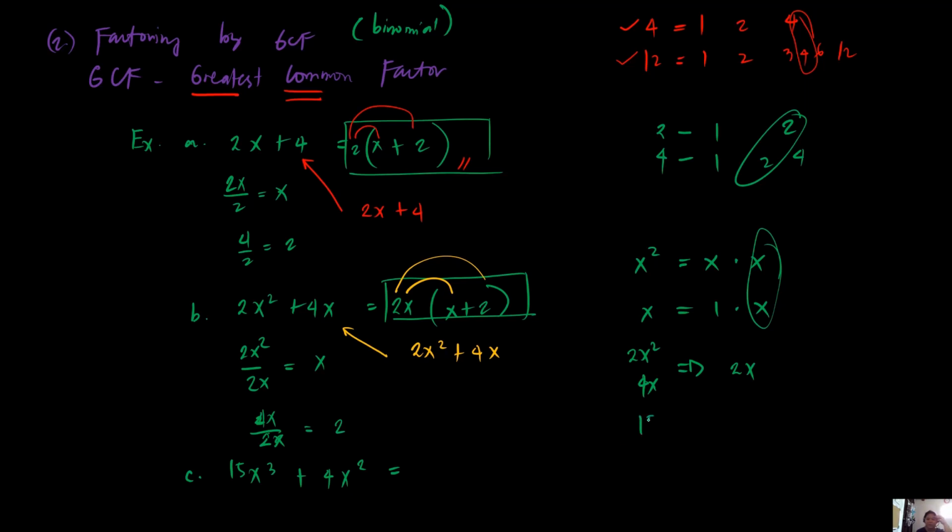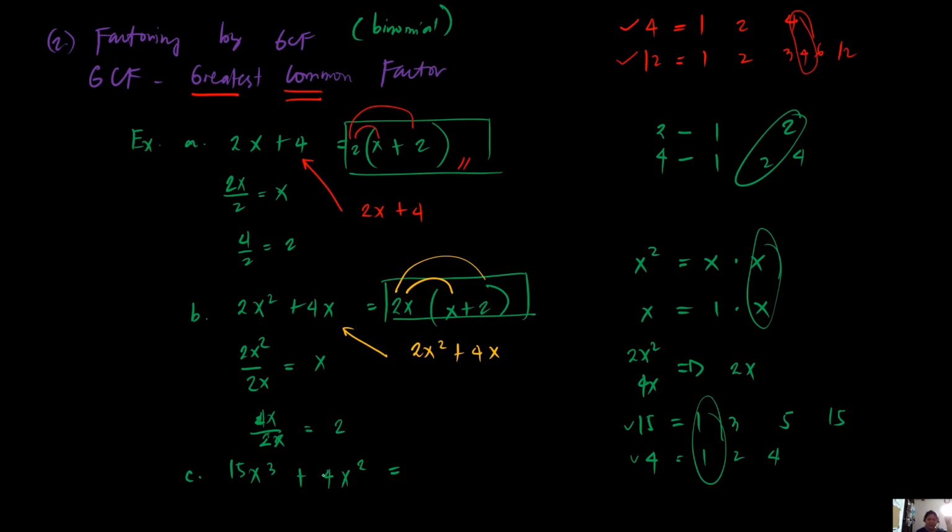Let's list down 15 and 4. What are the factors of 15? We have 1 times 15, 3 times 5. For 4, we have 1 times 4, and 2 times 2. As you can see here, the greatest common factor of 15 and 4 is 1. So therefore, they are already in simplest form. Okay? We can't think of any other number that can divide both of them without a remainder.